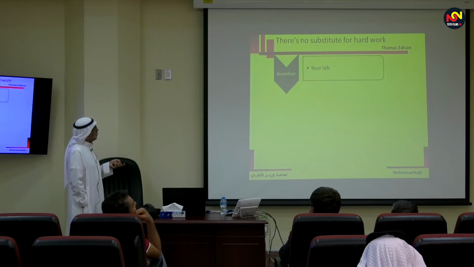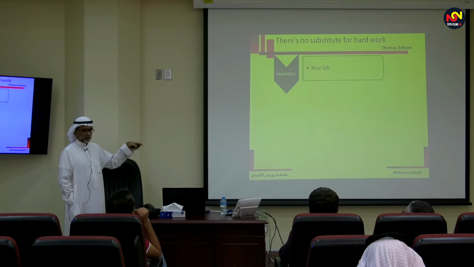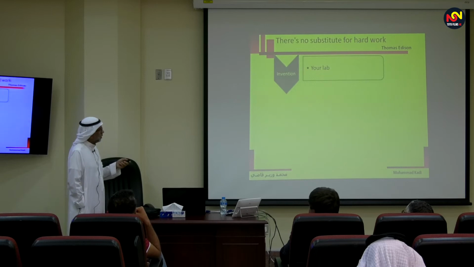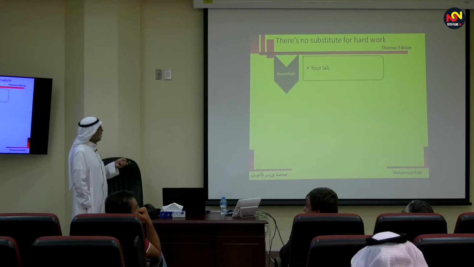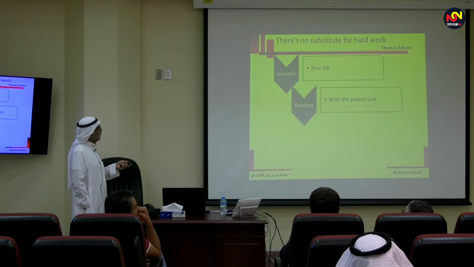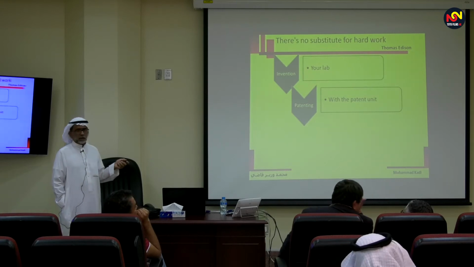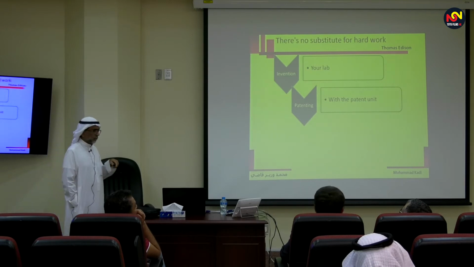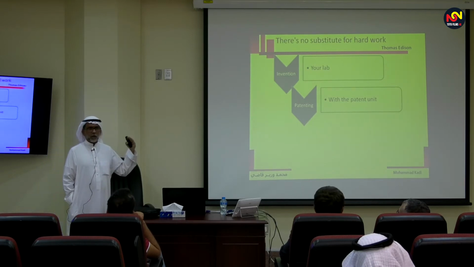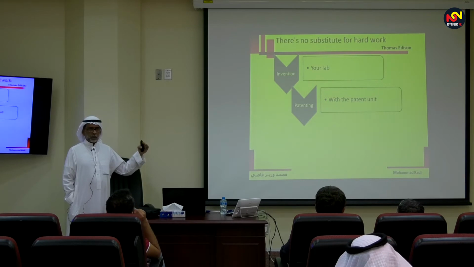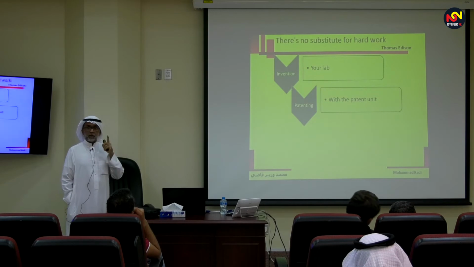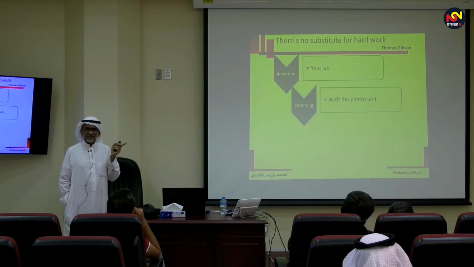So what are the steps of getting a patent, and this is in a university setting. You get your invention or idea protected from your lab. You have the invention, patenting with the patent units, DSR. So after you finish your lab work, you get in contact with our office, and before starting to publish, it's important.